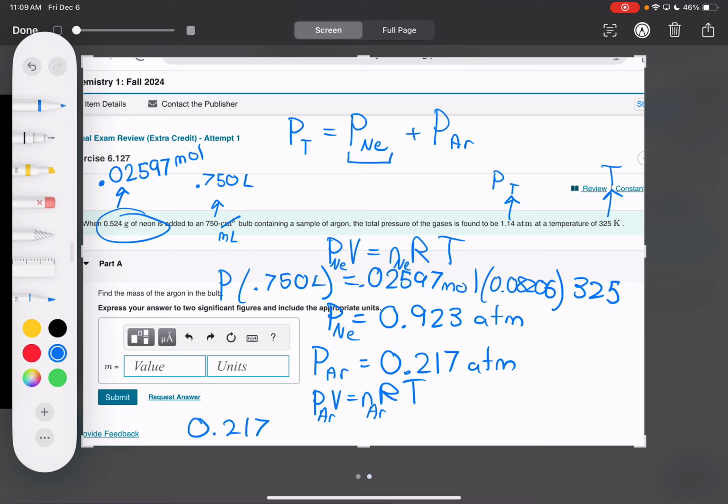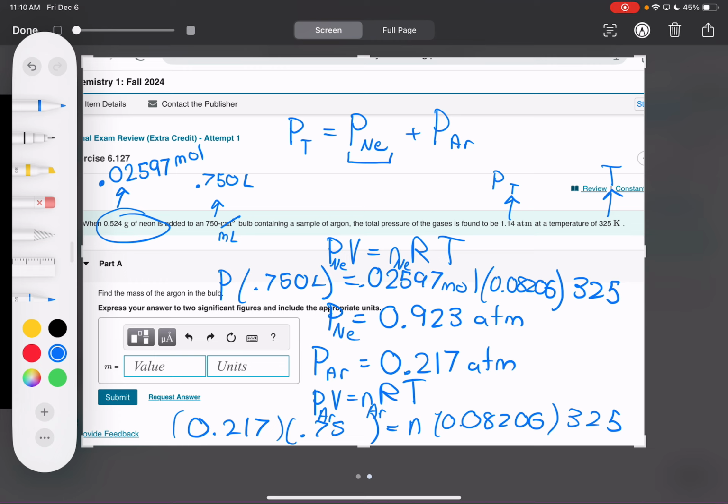Okay, so I have my atmospheres, I have my volume, 0.750. I'm gonna solve for my n. R is 0.08206. Temperature is 325.